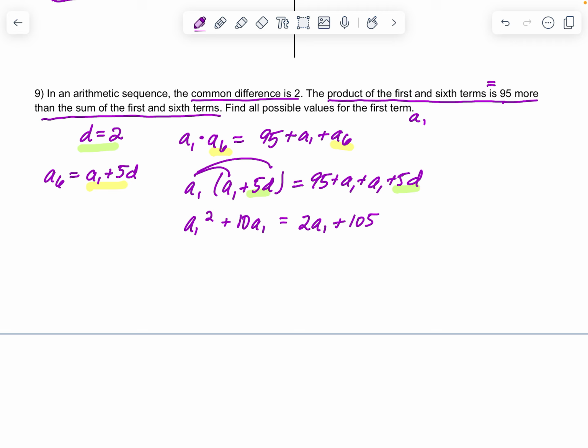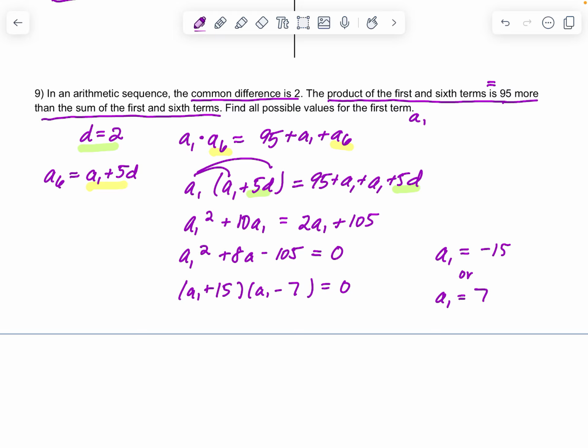Okay, I'm going to get everything on the same side. It looks like I'm rocking with a quadratic, so set it equal to 0. And this is factorable with 15 and negative 7. So our first term, based on the information that we had, could be negative 15, or it could be 7. All right, there we go. That's everything.